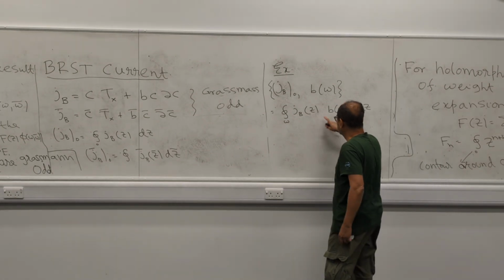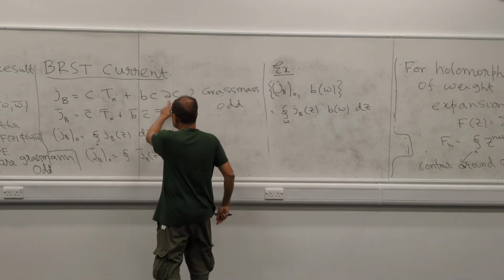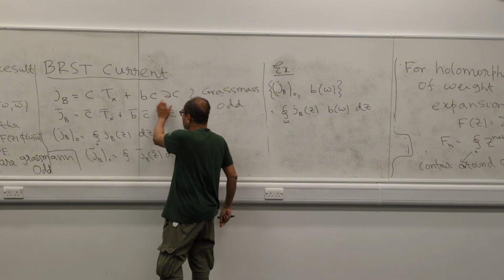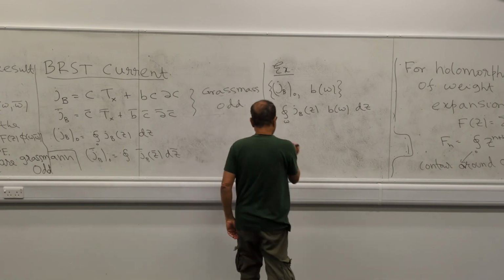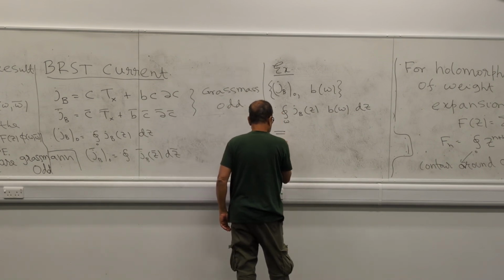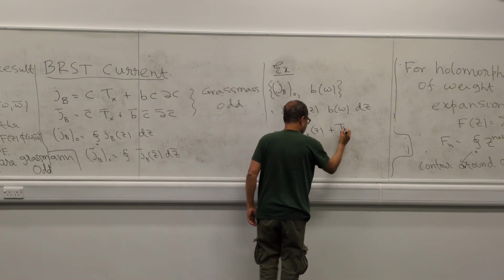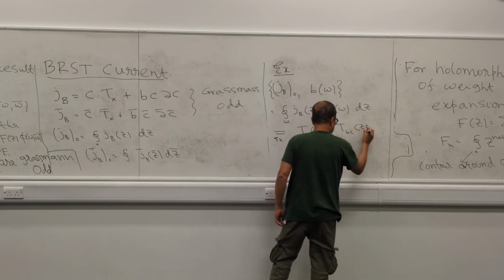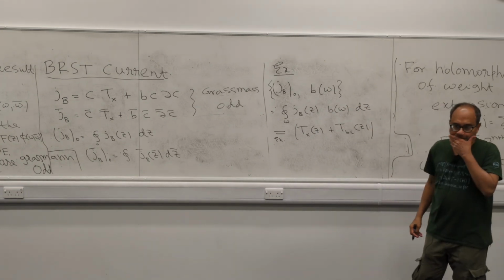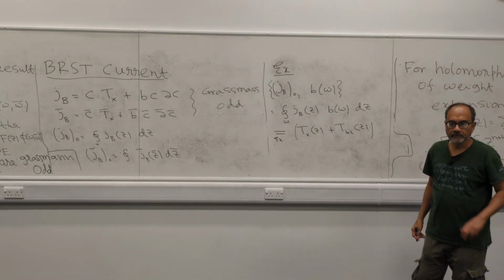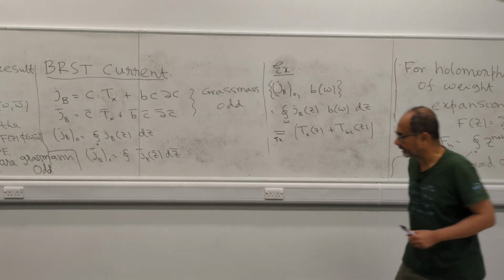We can now calculate this by looking at the singular part of the OPE of J_B with b. J_B is given here, so the singular part is going to come from the OPE of b with c and b with ∂c. You work out the singular part, and the exercise is to check that this is T_x(w) plus T_bc(w).